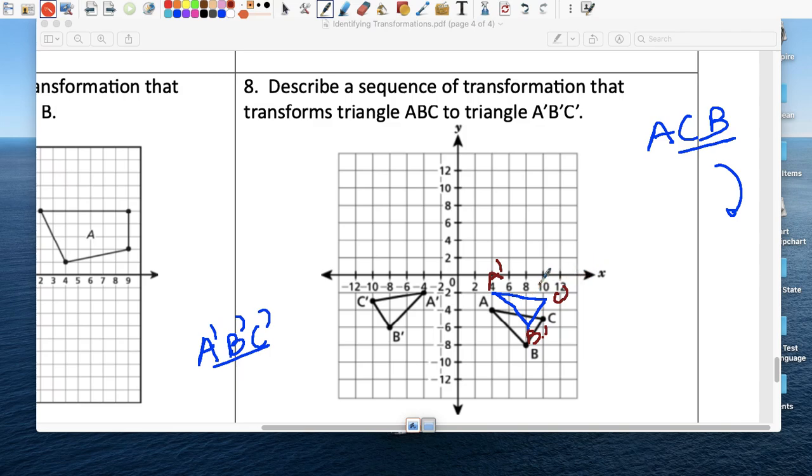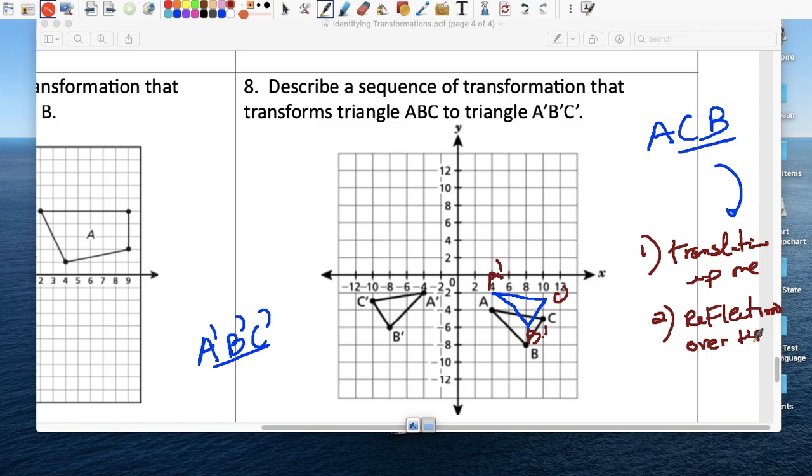And we reflect this. So the first move is a translation up 1. And then 2 would be a reflection. And we know there was a reflection because the orientation changed. So reflection over the y-axis.